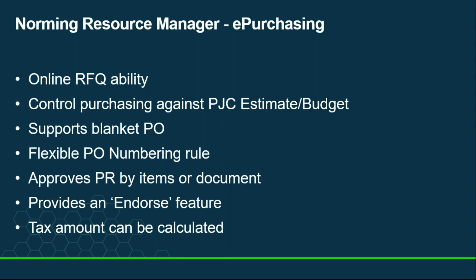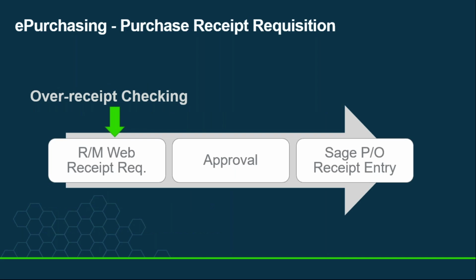It supports the concept of blanket POs, so you can set up POs and draw them down. There's flexible PO numbering rules that you can use. You can approve these purchases by line item or by the entire purchase document. And there's an endorsement feature as part of the request for quote, where you can have preferred vendors that you typically buy from. And the tax amount that applies can be calculated as part of the purchase process.